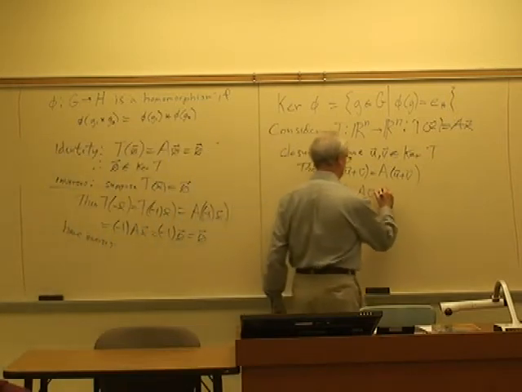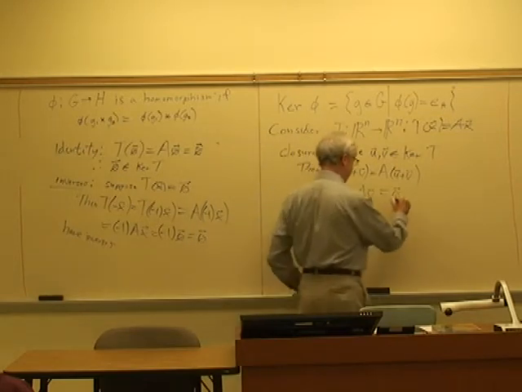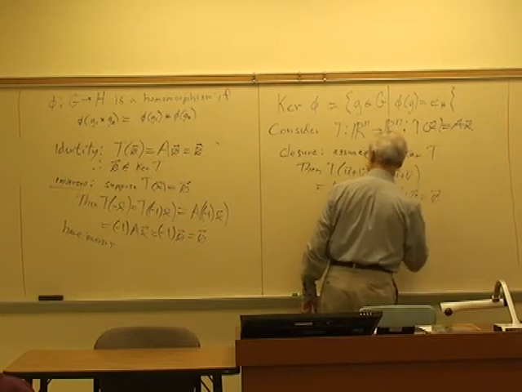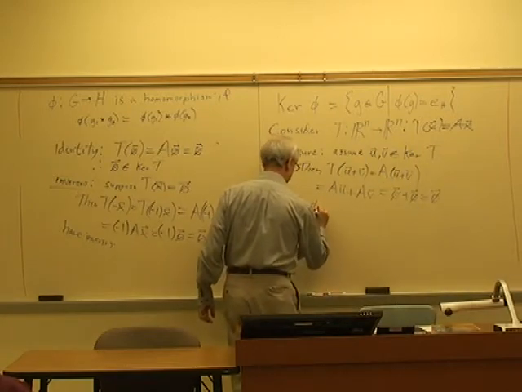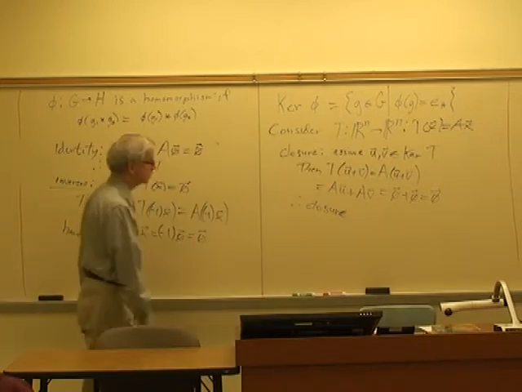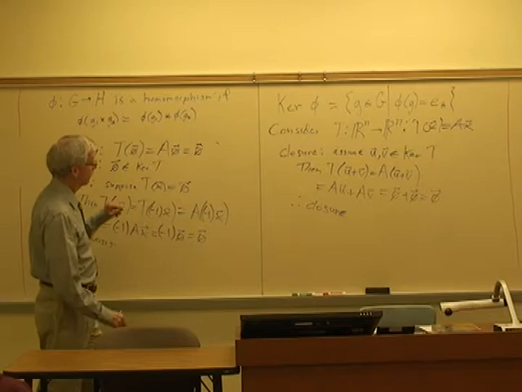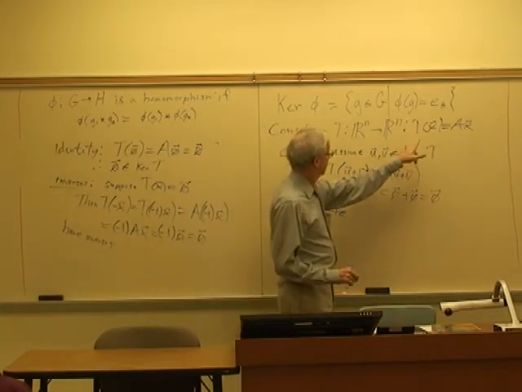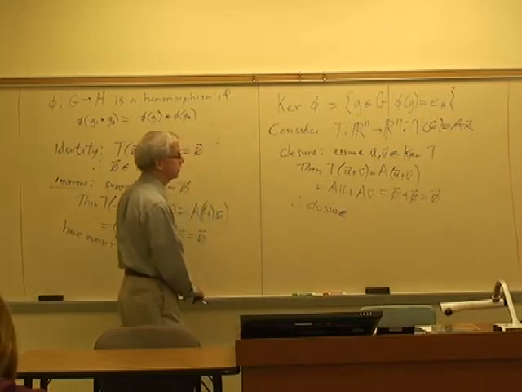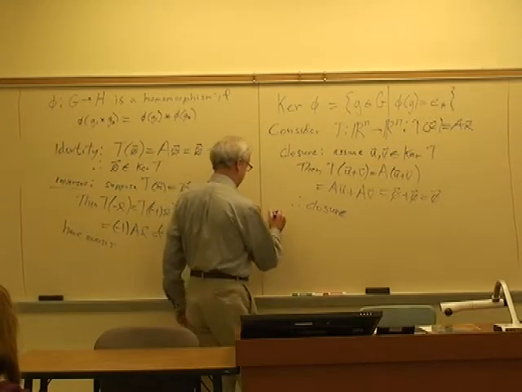The zero vector. v is also in the kernel, so that's also the zero vector. So we have closure. So the big therefore is we've proven that the kernel of this linear transform, which is the null space of the matrix, is a group.